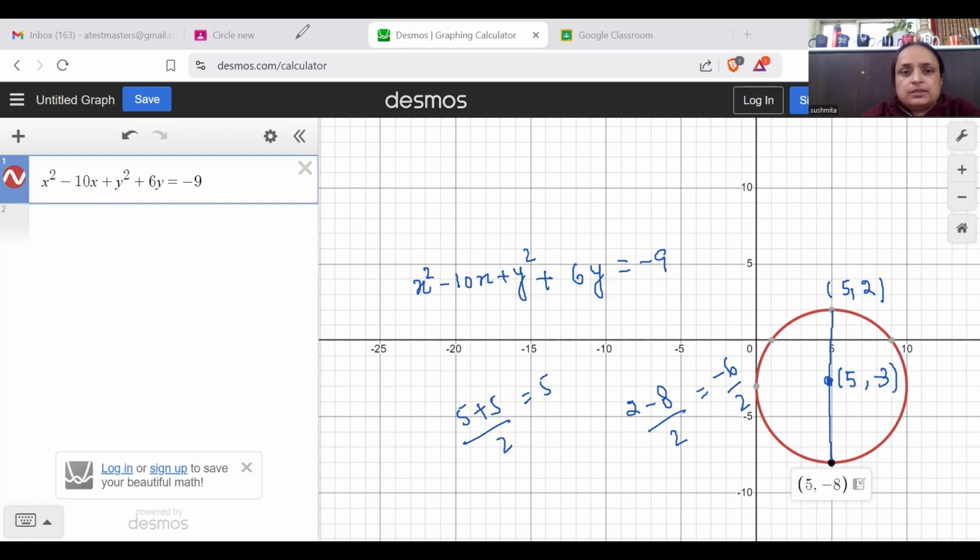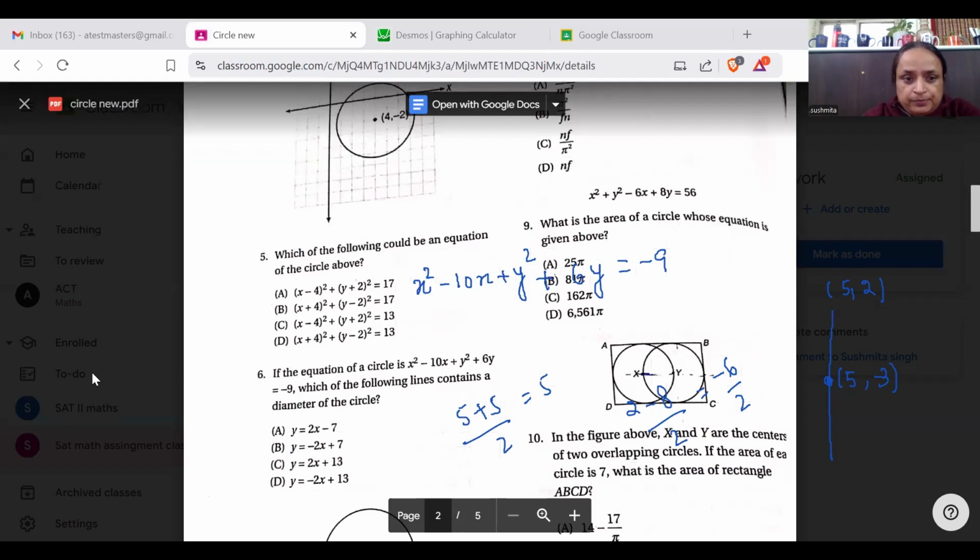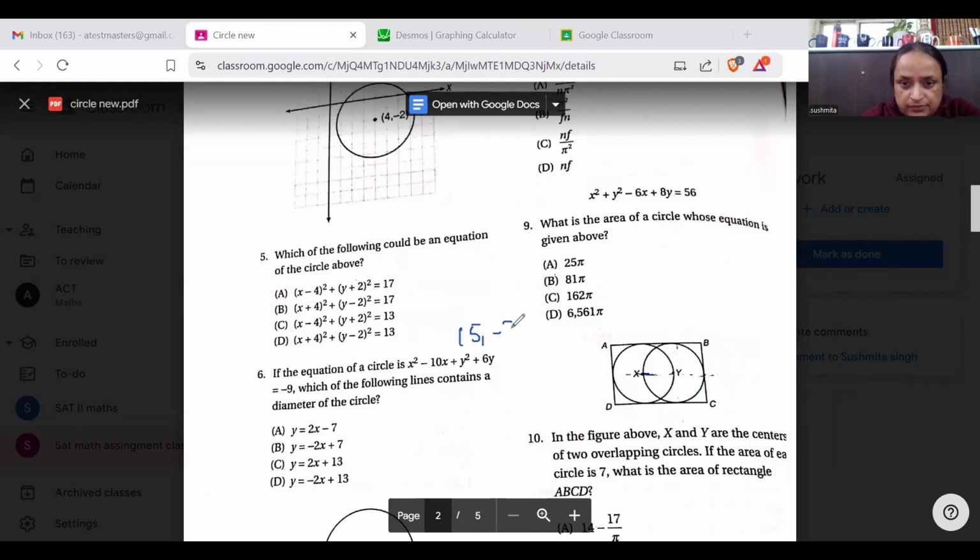So the center of the circle is 5 and negative 3. It should satisfy the equation because the diameter line is going to lie on the center. If I put 5 over here, I would get 3, so obviously not this. If I put 5, 2 times 5 minus... negative 10 plus 7 is negative 3. So this is your answer. Got it?